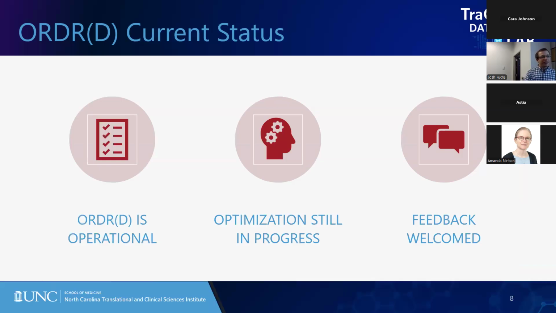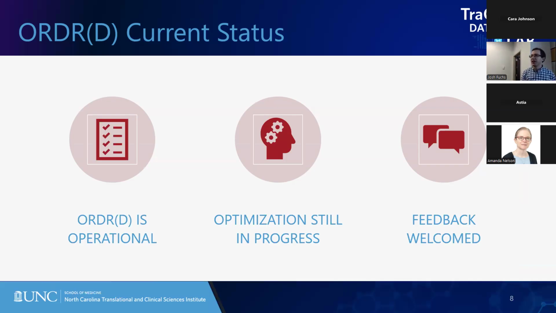In terms of where things currently are, we would say that Ordered is operational. You can log in, you can access the data. At the same time, we would say that optimization is still in progress. Because of that, we're really at this point welcoming and encouraging feedback from people.